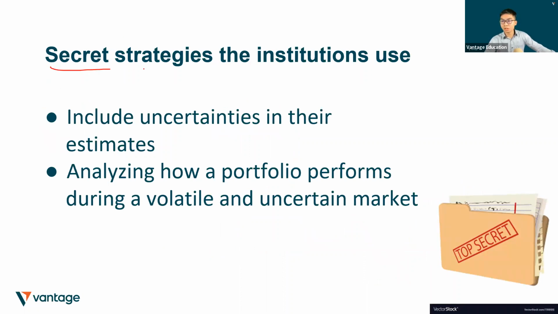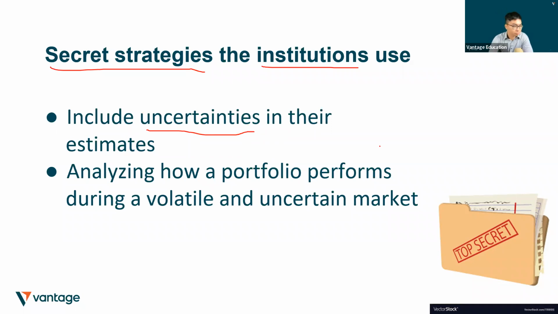Secret strategies the institutions use. How do they use stochastics? They use stochastic modeling, which allows financial institutions to include uncertainties in their estimates. So they account for situations where their outcomes may not be 100% known.